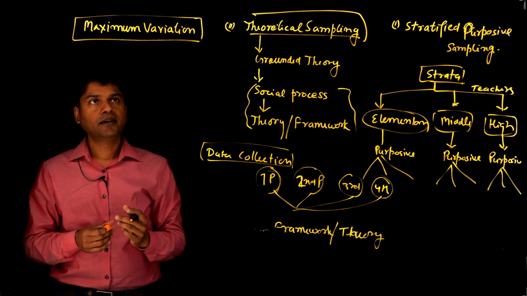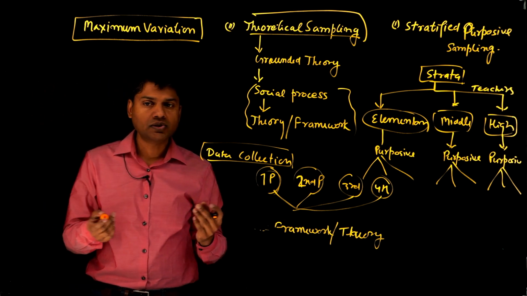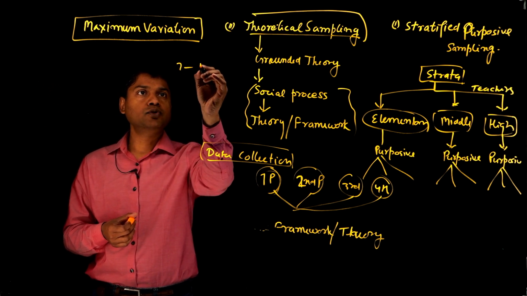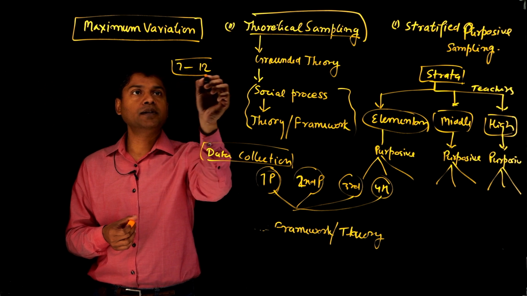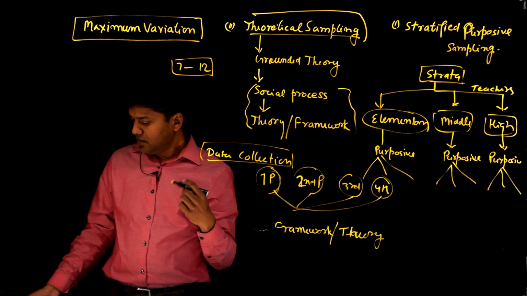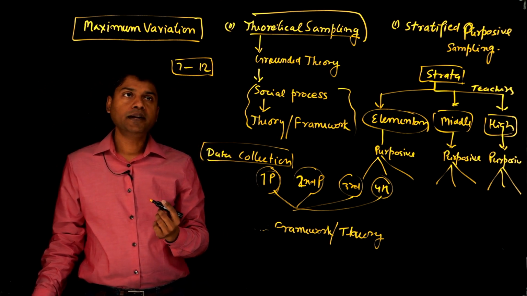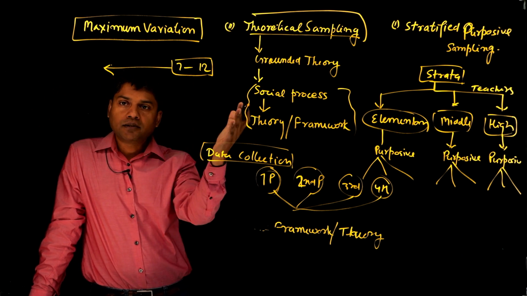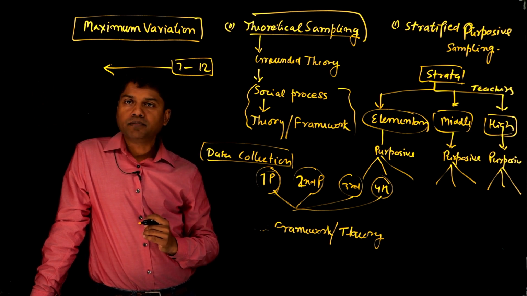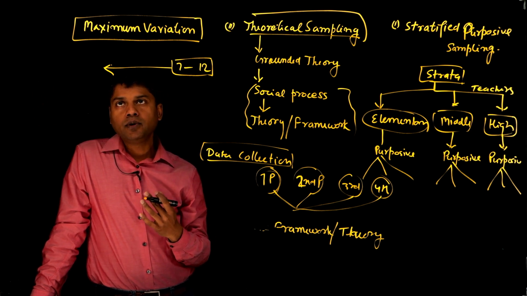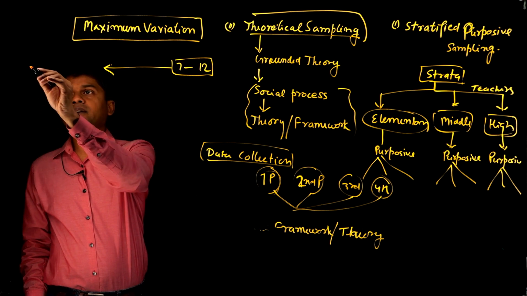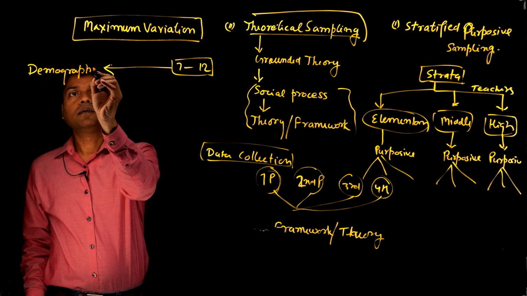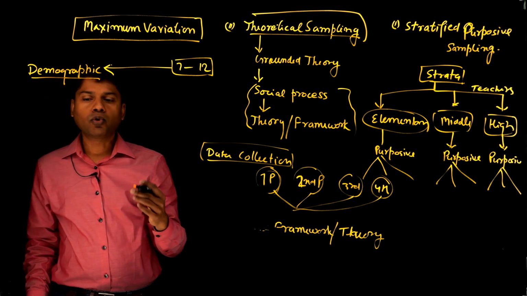So let's say I'm doing a phenomenological study where I'm planning to recruit somewhere between 7 to 12 participants. When I'm recruiting participants for my study, I can achieve maximum variation within this pool of participants. I can use some demographic variables.